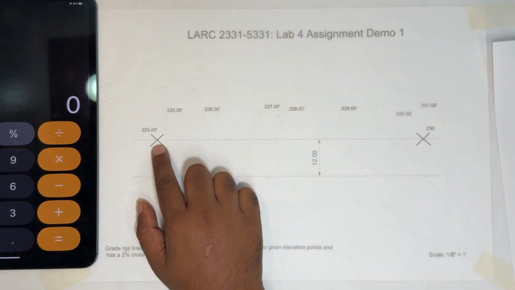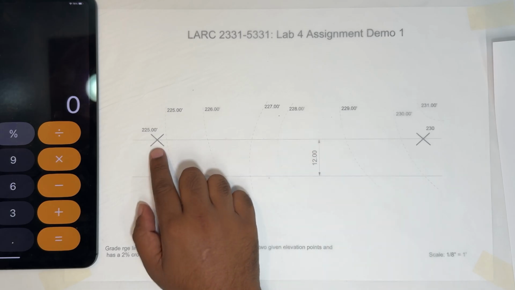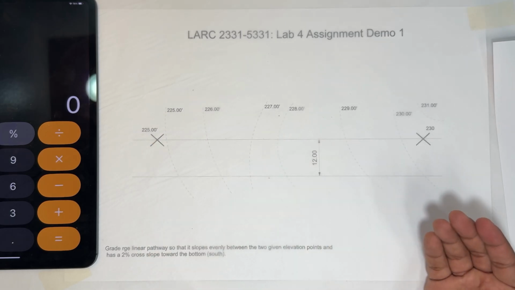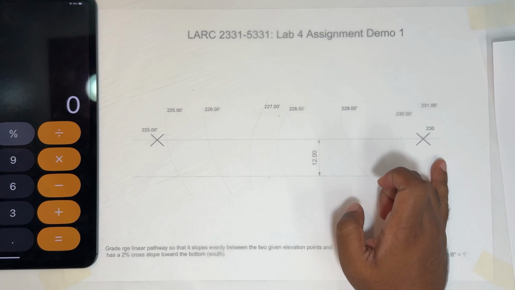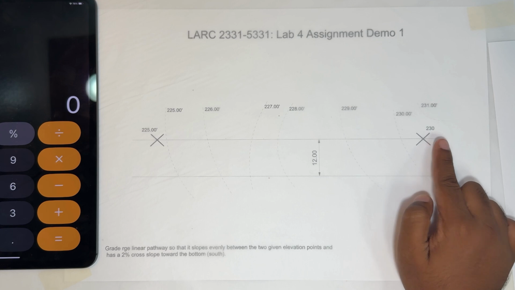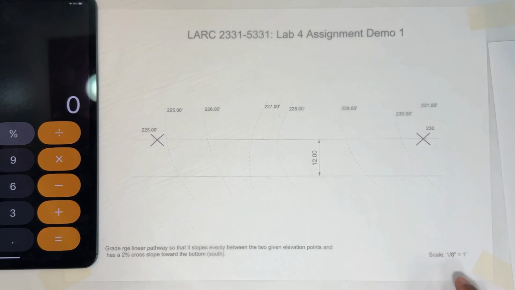So let's look at these 2 points, 225 and 230. So that's a 5 feet difference between elevation. Now we have to look at the total length between these 2 points. This drawing is 1:8 scale.